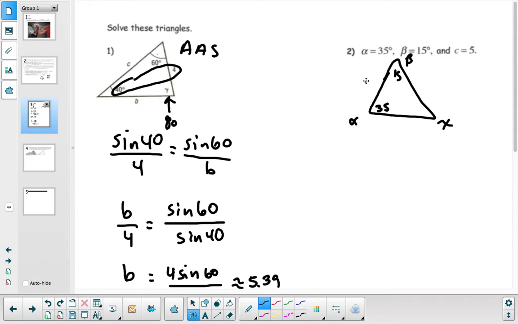And we're given C, which is opposite to chi. Alpha should be opposite to A, and beta should be opposite to B. It does matter. Make sure you're not just putting A, B, C anywhere you want. Make sure they're opposite to the correct angle. That'll definitely be important within MyOpenMath. Just make sure that you're following the rules of the Greek letters for angles and sides.